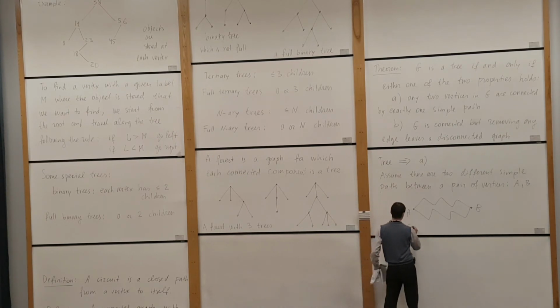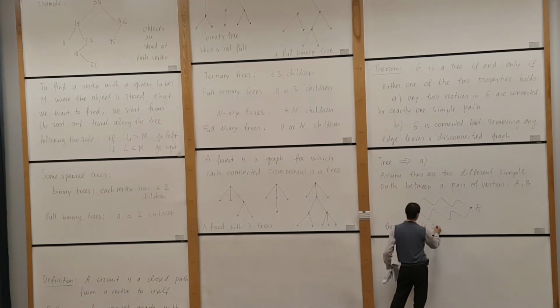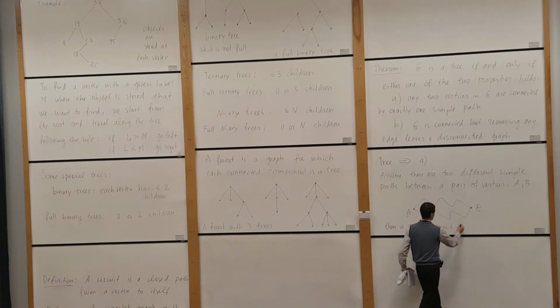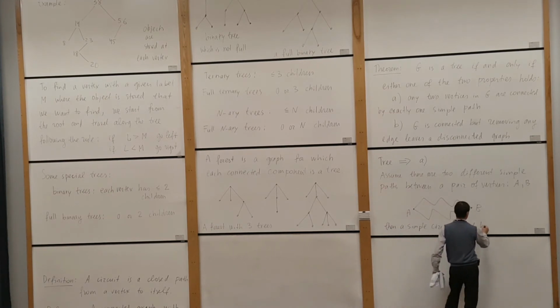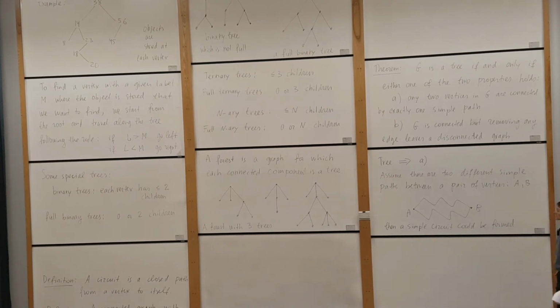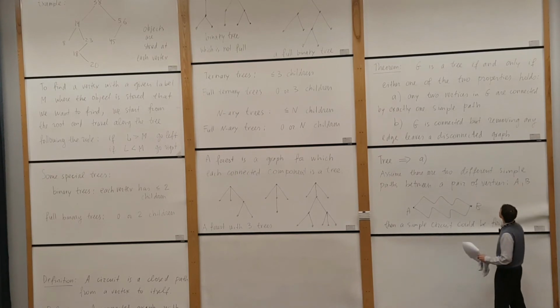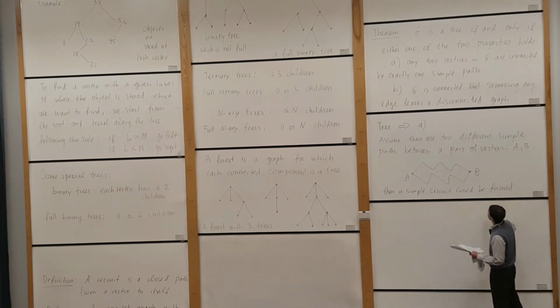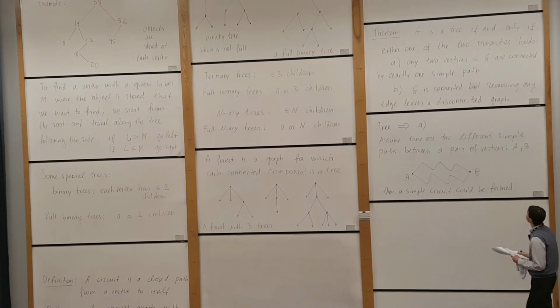Then a simple circuit could be formed. But since we're in a tree, this is not allowed. So this cannot happen. So if you have a tree, property A always holds.